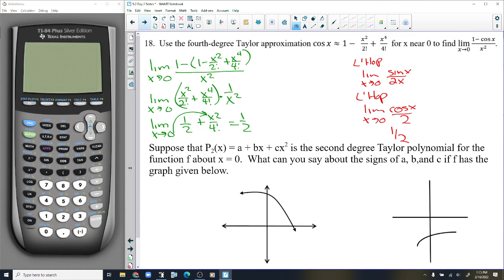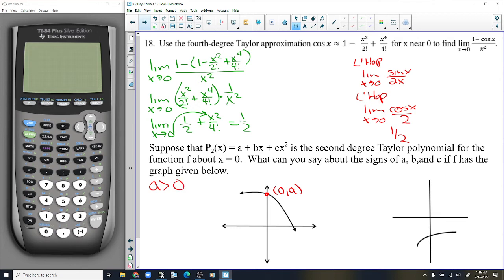Suppose that the polynomial is this. And notice how we write it backwards with Taylor polynomials. That's how you build it, by power. It is the second degree Taylor polynomial for the function f about x equals 0. What can you say about the signs of a, b, and c if f has the graph given below? So this is the point (0, a). So a must be greater than 0 because we're above the x-axis.